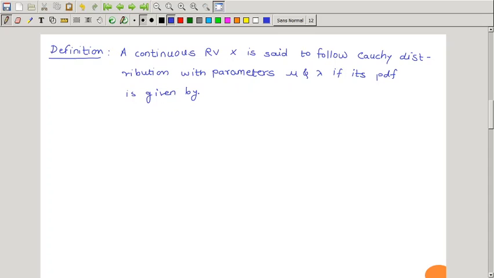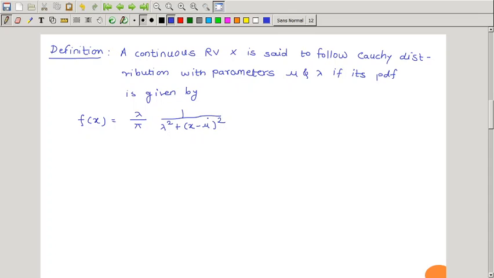f of x equal to lambda upon pi, 1 upon lambda square plus (x minus mu) bracket square.